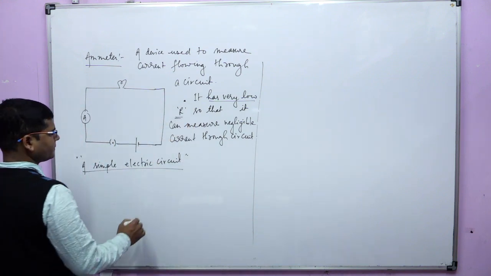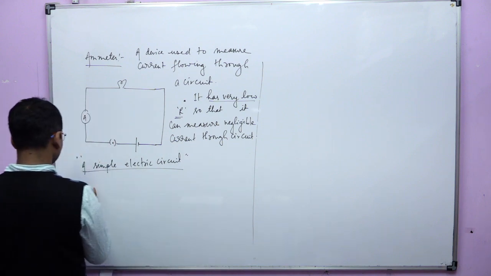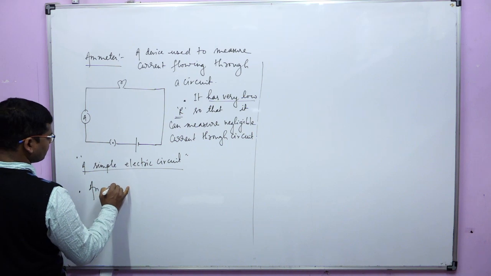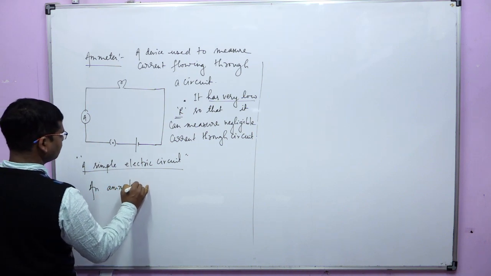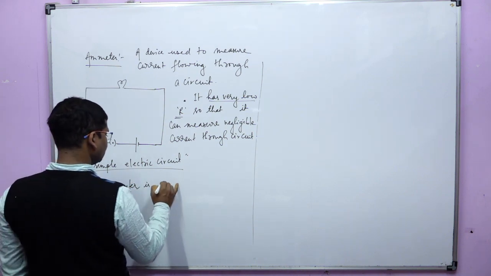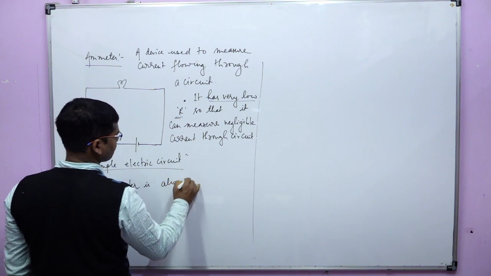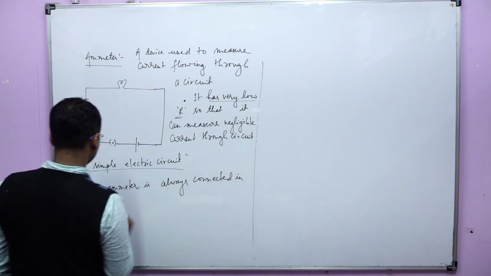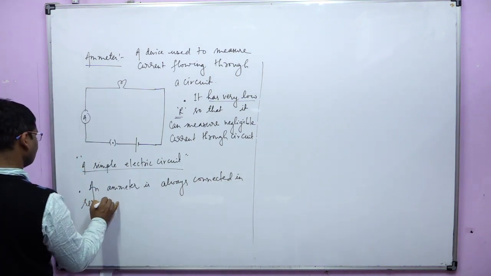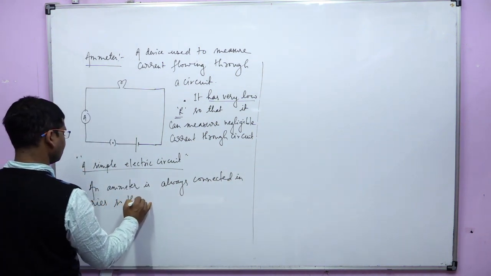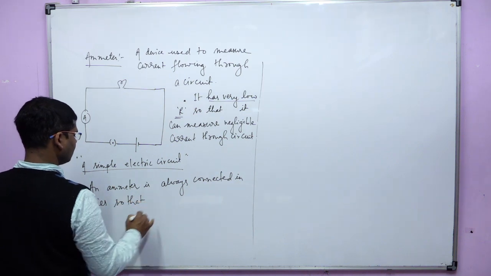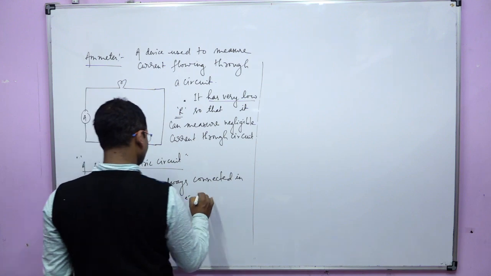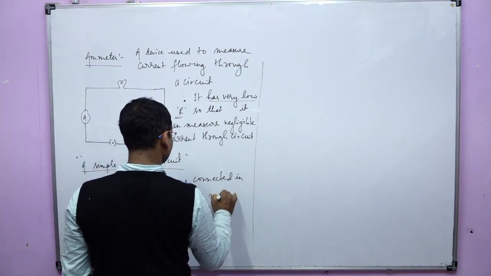Another one, an ammeter is always connected in series, so that every electron is measured.